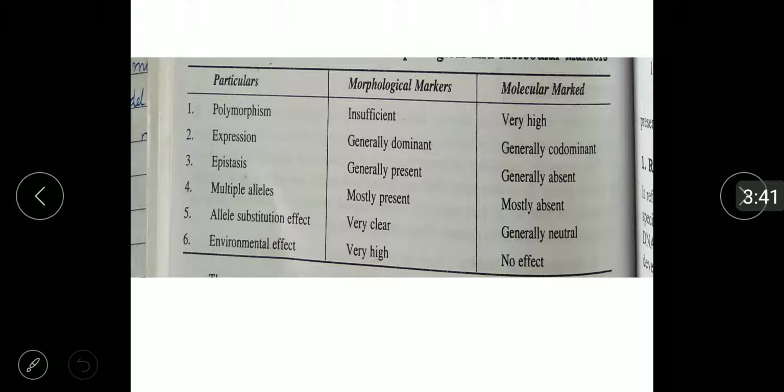And allele substitution effect. The substitution effect is very clear in molecular markers, and generally neutral in morphological markers. Substitution means an interchange or reciprocal exchange may be there, so any substitution effects will be very clear with respect to molecular markers.